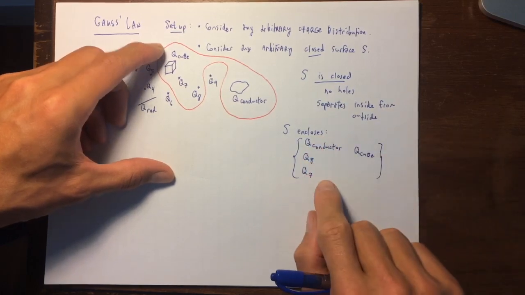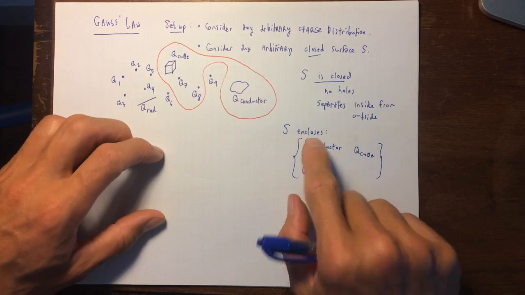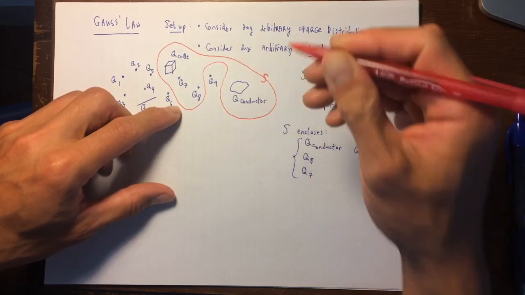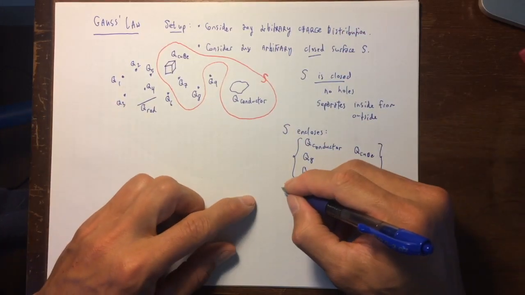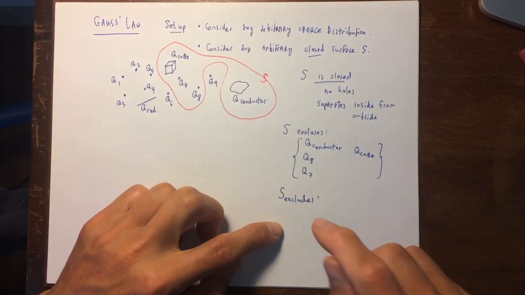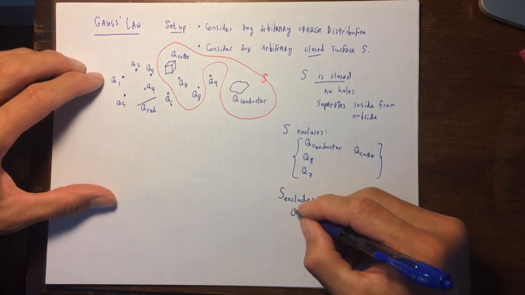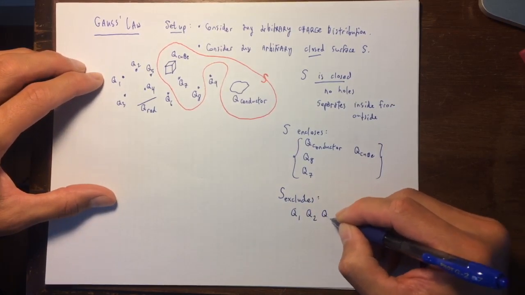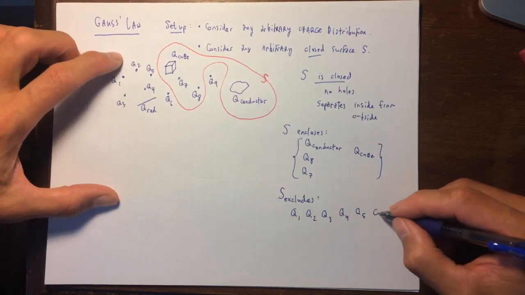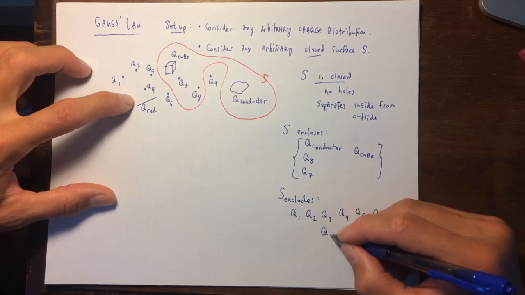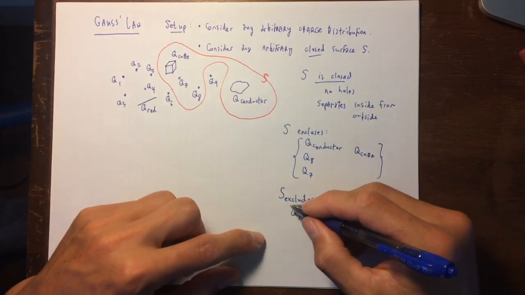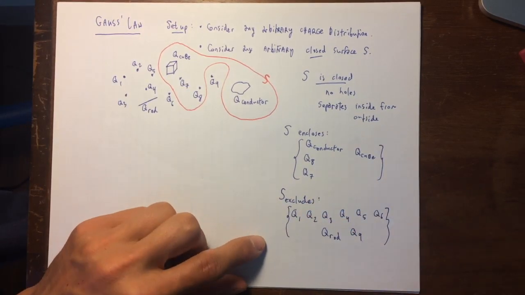So these four charges are enclosed in S. So this is the surface S. Okay, so S does not enclose Q1, Q2, Q3, Q4, Q5, and Q6, as well as the rod, as well as Q9. So those are excluded, right?